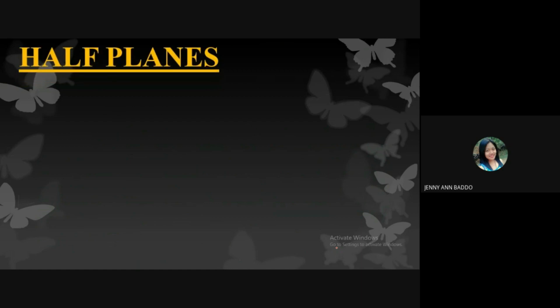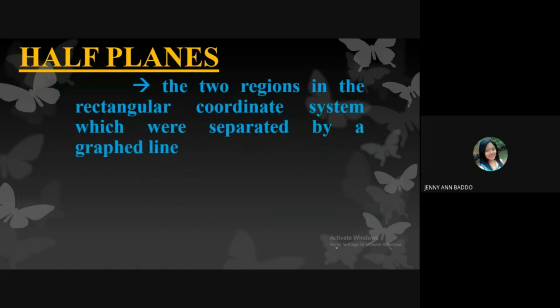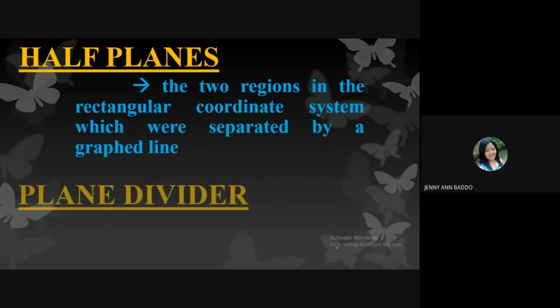We have what we call half planes. These are the two regions in the rectangular coordinate system which are separated by a graphed line. So imagine that we have a line on any part of the rectangular coordinate system, then that line divides the plane into two regions. For linear inequalities, we call them half planes.